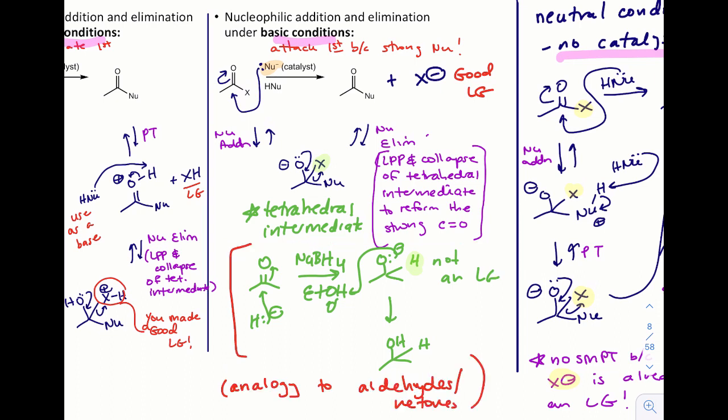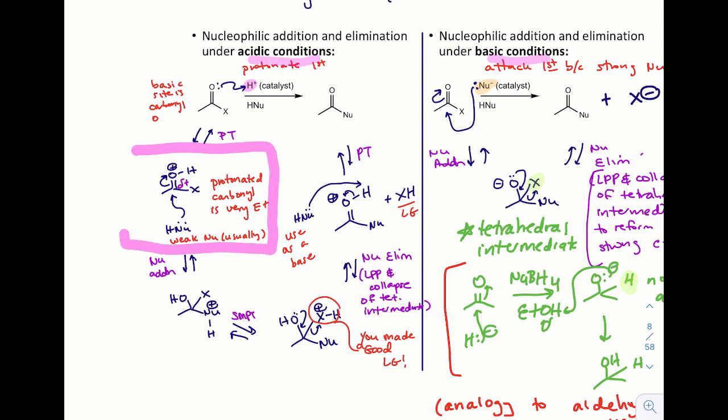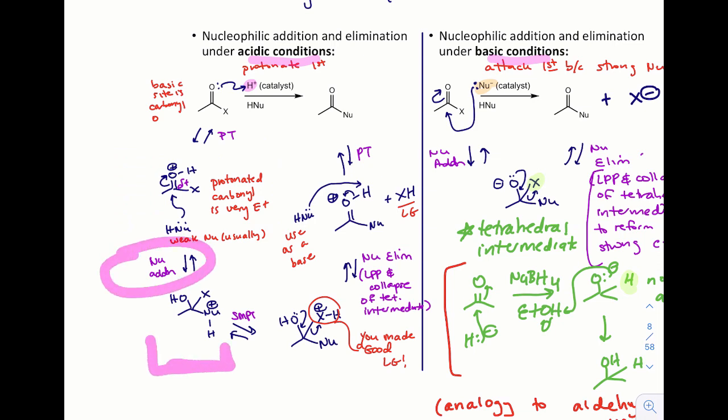All right, basic catalyst, anionic nucleophile can attack the weakly electrophilic carboxylic acid derivative. However, under acidic conditions, there is a weak nucleophile, such as this generic nucleophile. Thus, the carbonyl must be protonated first. Protonated carbonyl is very electrophilic, and the weak nucleophile, whatever that may be, can add to it in a nucleophile addition step, generating a tetrahedral intermediate that looks similar to the one we observed under basic conditions.